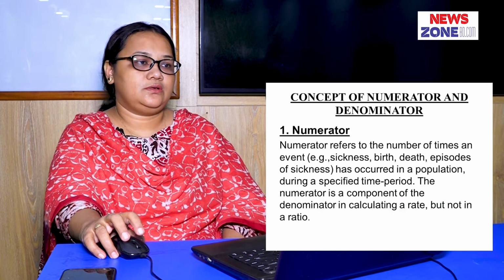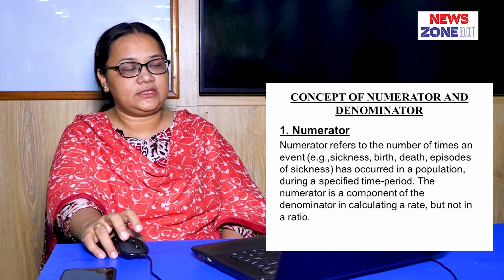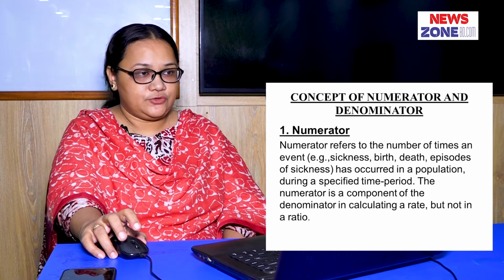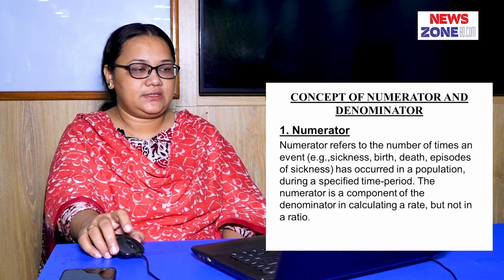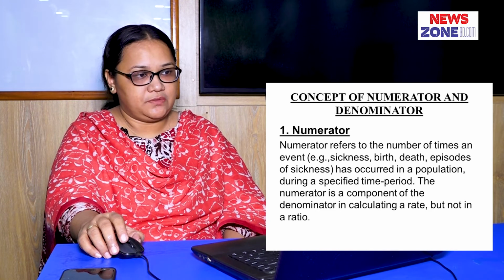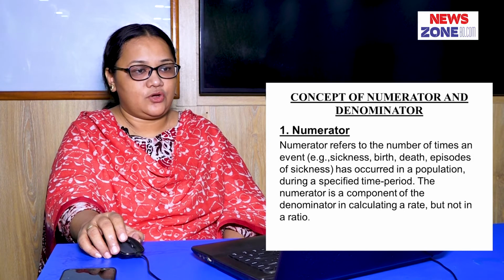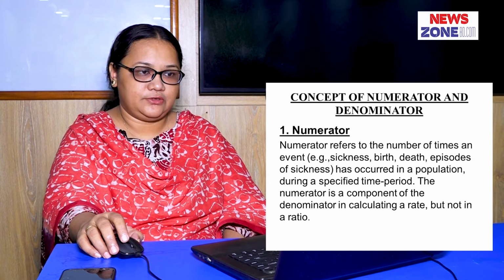Now we see the concept of numerator and denominator. What is numerator and denominator? At first we see numerator. Numerator refers to the number of times an event, for example sickness, birth, death, episodes of sickness, etc., has occurred in a population during a specified time period.